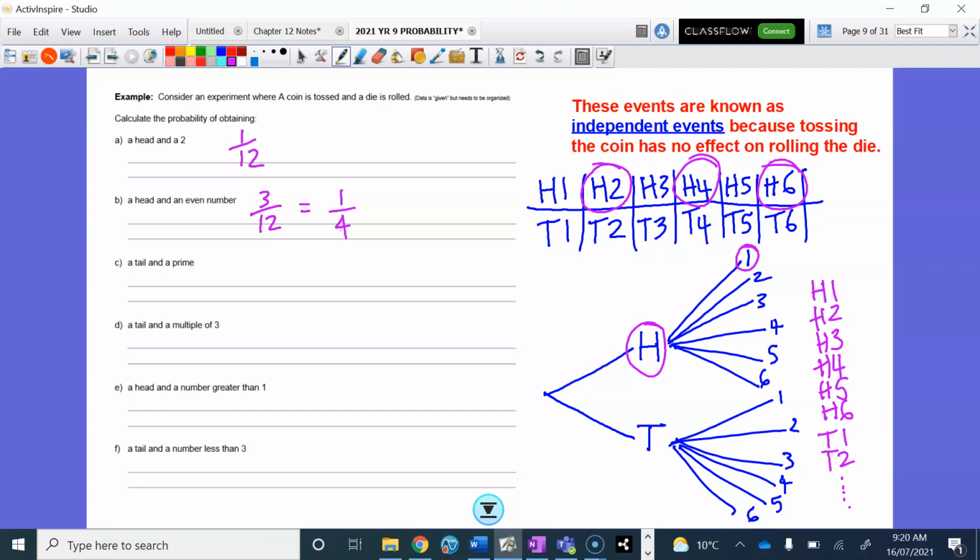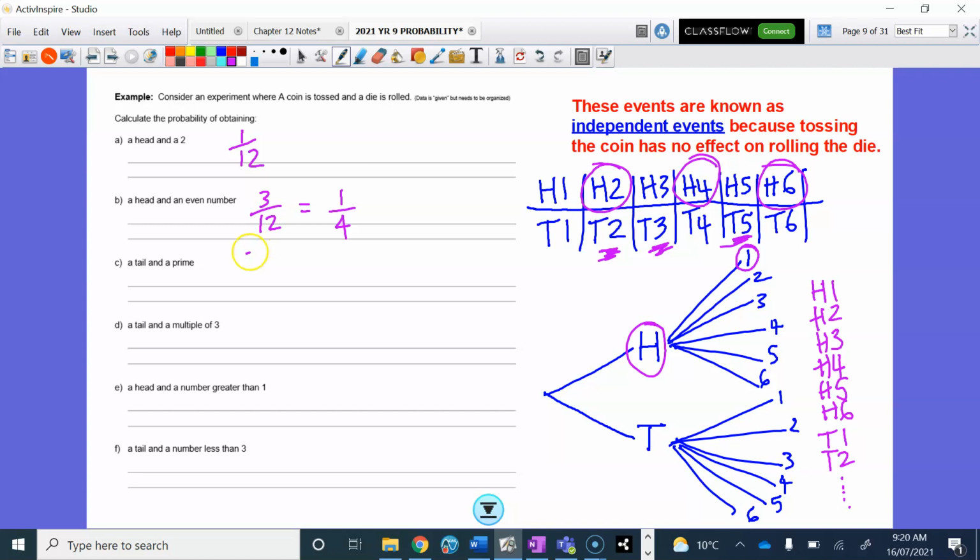A tail and a prime number. Obviously, we do need to know what a prime number is. A prime number is one that has only two factors, itself and 1. There are only a couple of prime numbers here with the tail: a tail and a 2, a tail and a 3, and a tail and a 5.